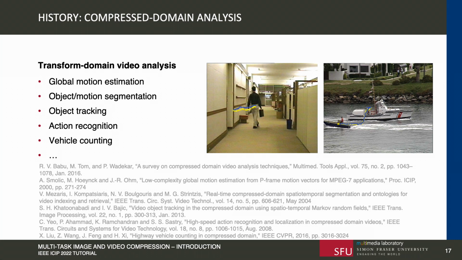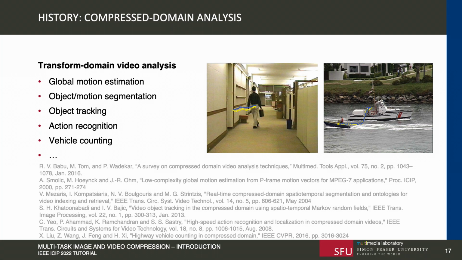The two examples here on the right show examples of object tracking from compressed video. And the tracking is actually performed based on motion vectors as well as some syntax elements from the H.264 bitstream. The yellow lines in each figure show the ground truth track of the centroid of the corresponding object.